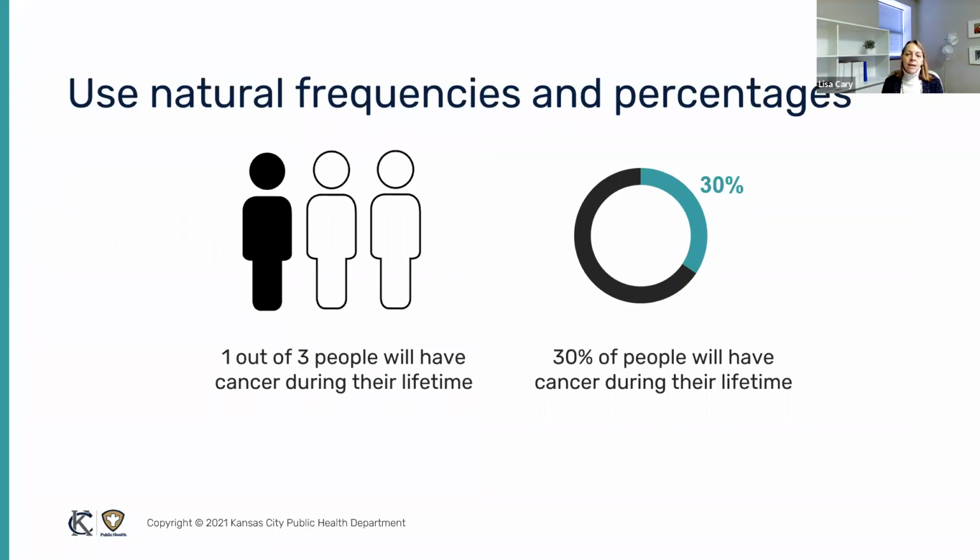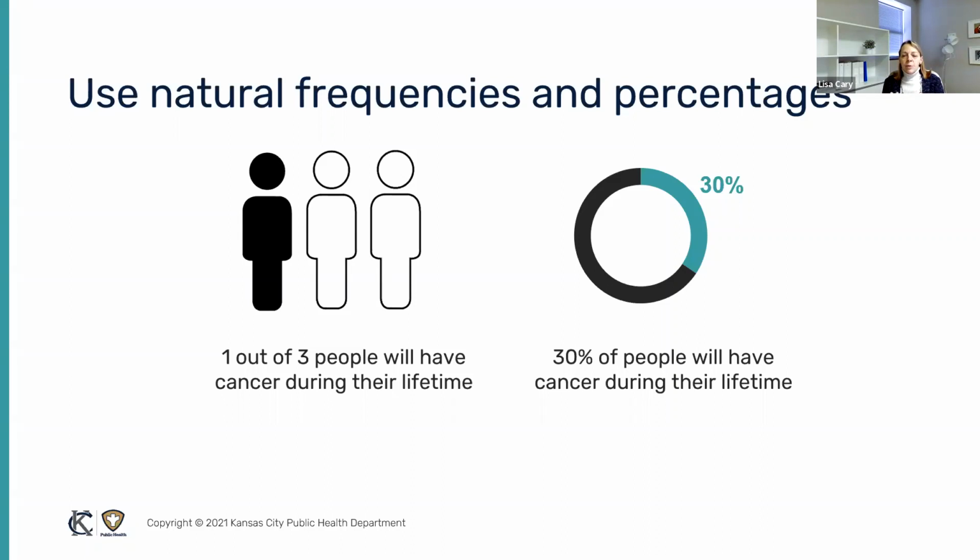Research shows that natural frequencies may help people understand because they give context and imagery. A lot of times it's good to use people icons, like the bathroom sign icons, where percentages are somewhat abstract. It's really good to use those natural frequencies.